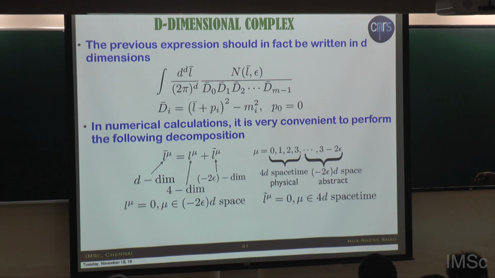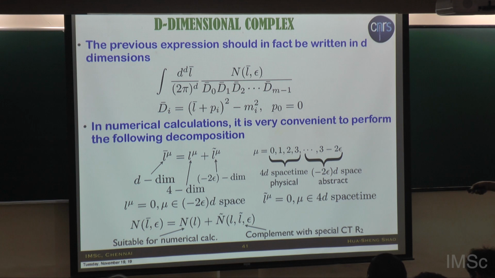It is not physical, and 4D is the physical space-time. So it decomposes into these two things. So L tilde nu is 0 if nu is in the 4D physical space-time, and L nu is 0 if nu is in the minus 2 epsilon dimensional space, okay?